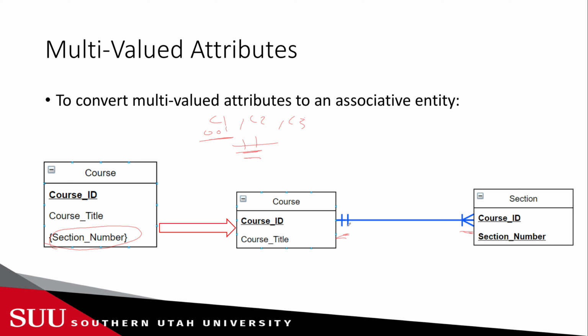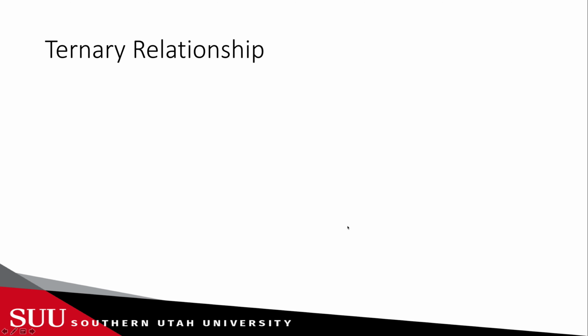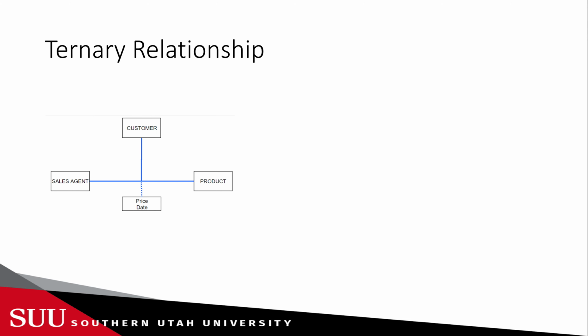Okay, so let's look at a third case in which we may need an associative entity. As we've seen from the part, supply, vendor and warehouse, this is one case. Let's look at another case. So we have this case: sales agent, customer, and product.